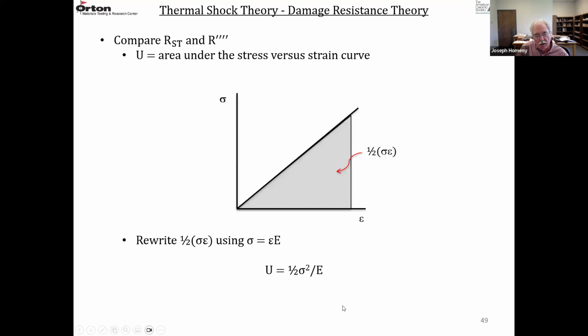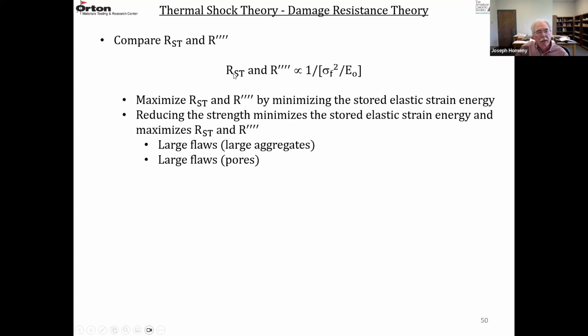So it's just rewriting the stored elastic strain energy a little differently. And again, both RST and R4 prime are proportional to 1 over sigma F squared over E0, which is the stored elastic strain energy. So in short, you maximize either RST or R4 prime by minimizing the stored elastic strain energy. And how do you do that? Reducing the strength. This term here minimizes the stored elastic strain energy.